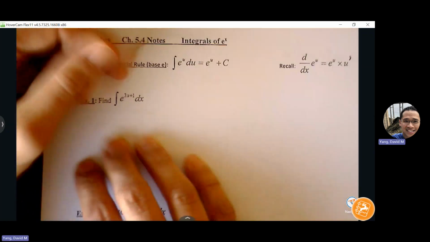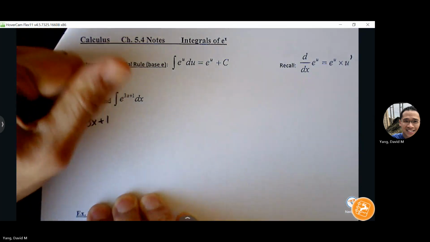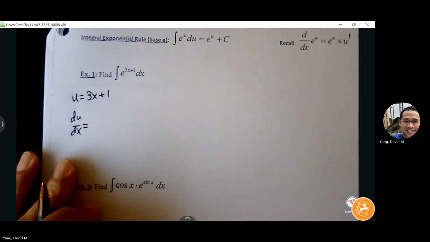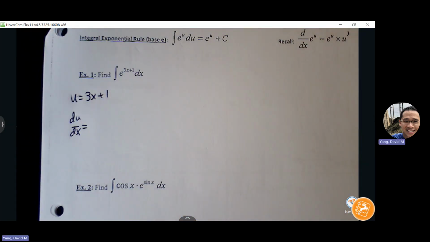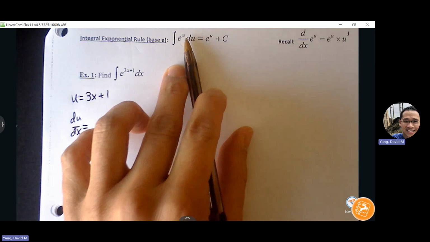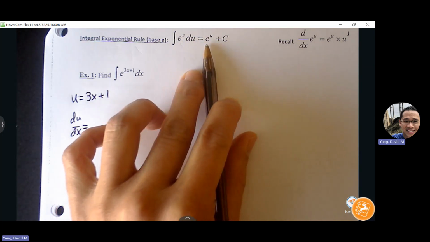Okay, so u value is 3x plus 1. In this case, the exponent is the u value because we're anticipating that we can make it look like this rule to apply after u substitution.